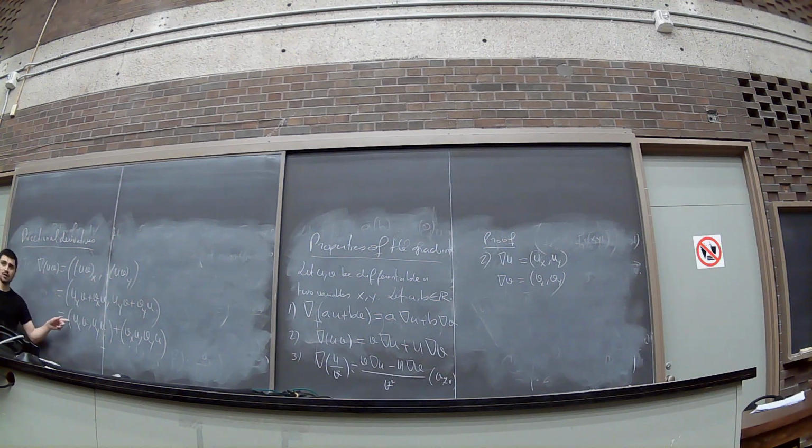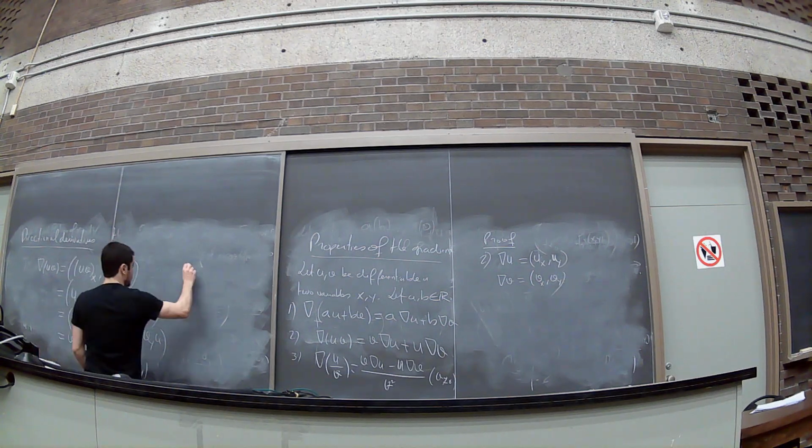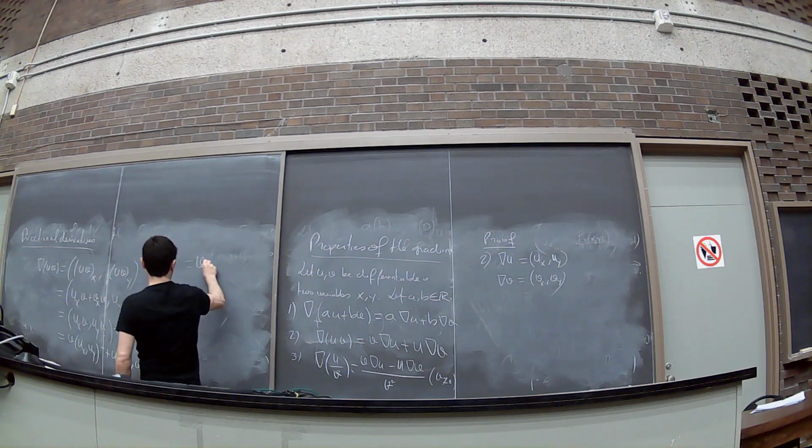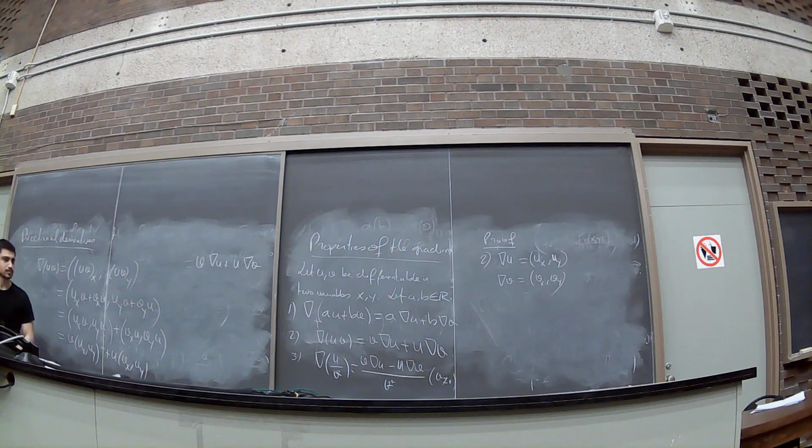Now I can factor v out because v is a scalar function. So it's v times (ux, uy) plus u times (vx, vy). What is that? This is just v gradient of u plus u gradient of v. Okay? So we proved that.